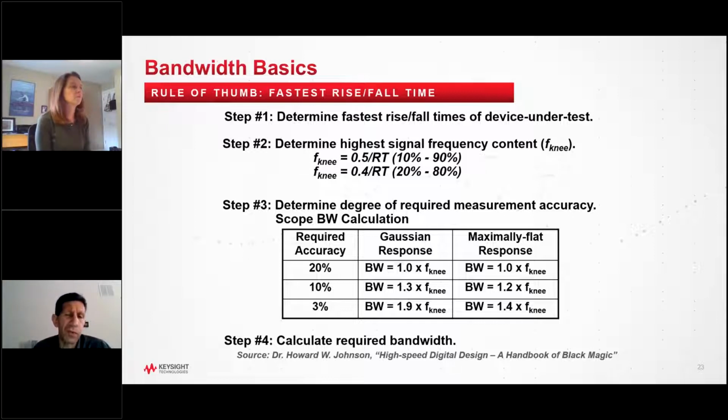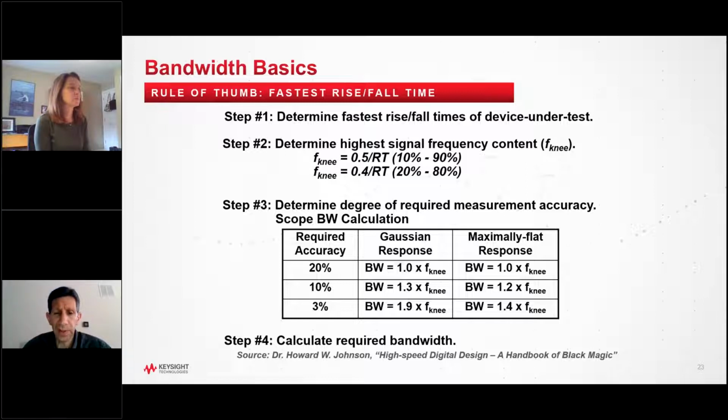And there are two different formulas here. By the way, Leslie is going to post the slides to the GoTo training site, so you'll be able to access these after the seminar. There are two different formulas depending on whether you're looking at a 10 to 90 rise time or a 20 to 80. Based on the accuracy you want, you can calculate the bandwidth required.